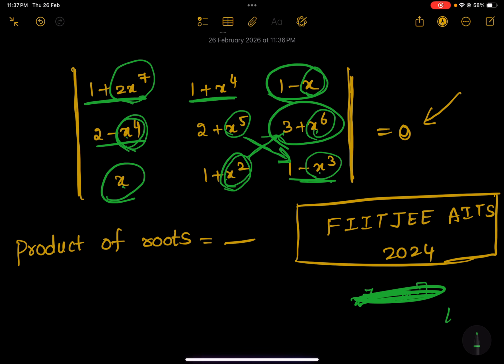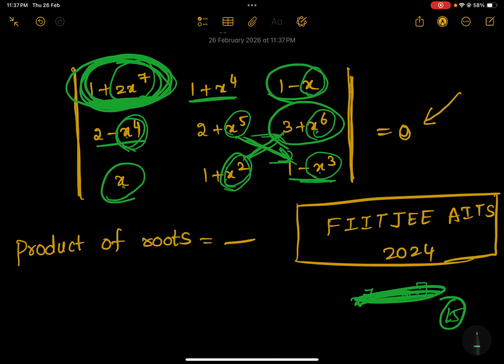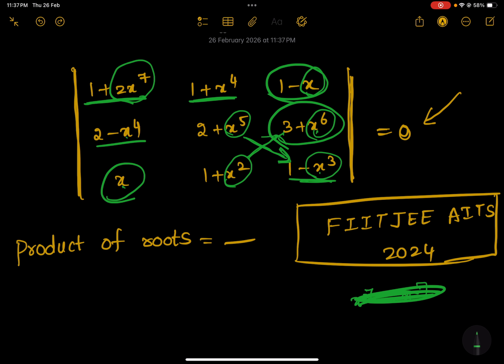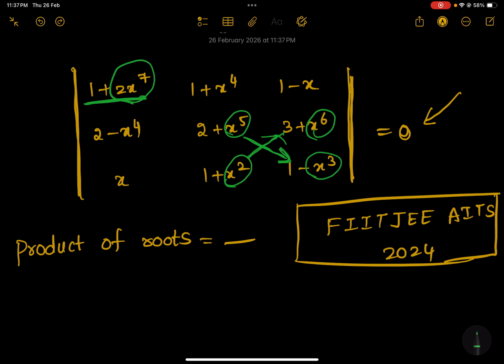So you will not get 15. The maximum degree will be obtained when you multiply this particular term with its minor cofactor. So we know one thing: the degree is x to the power 15.